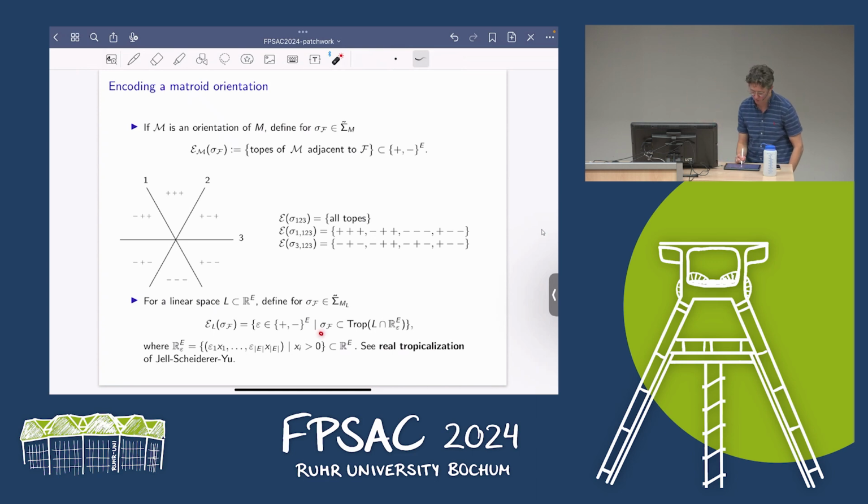If your cone appears in the tropicalization of that orthant, then you put that plus-minus vector in this set. When the two definitions overlap, they're completely compatible. They're the same thing.